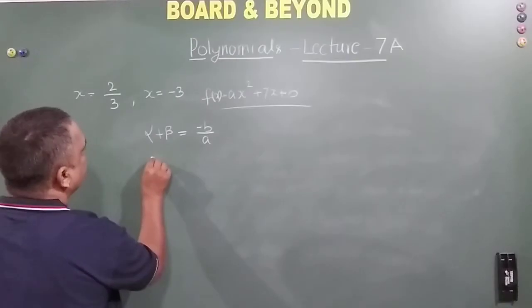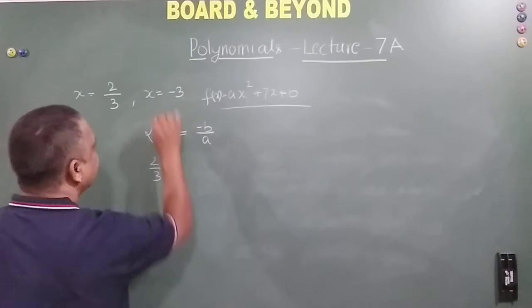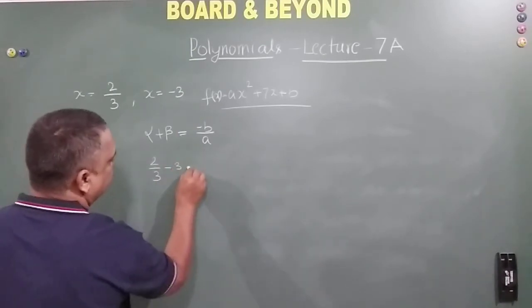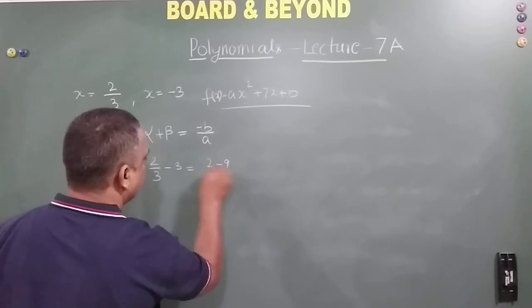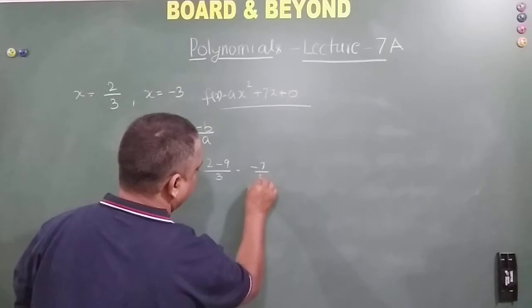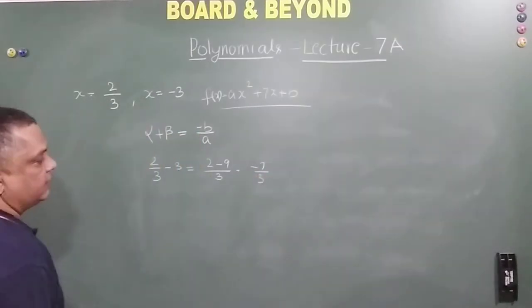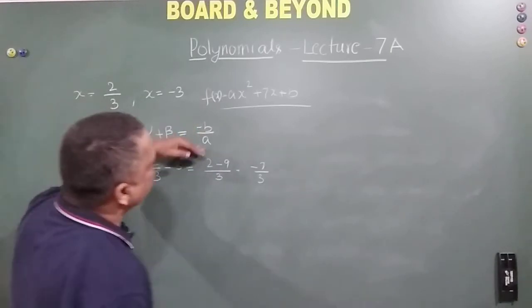Let's do it here. 2 by 3 plus minus 3, which is also equal to 2 minus 9 by 3, which is also equal to minus 7 by 3. So it should be equal to minus b by a.